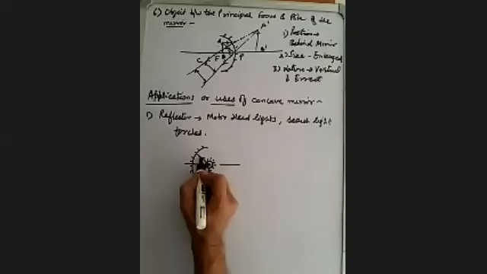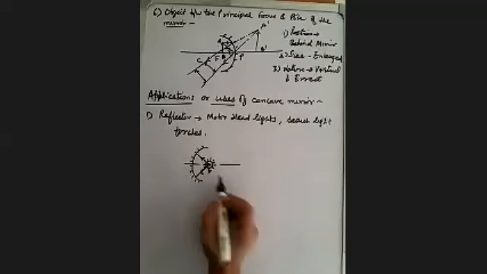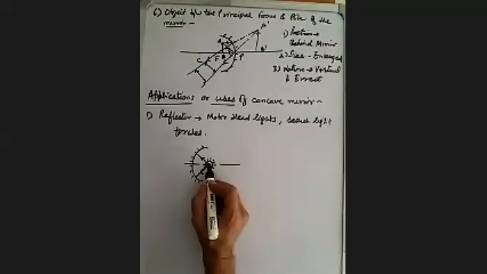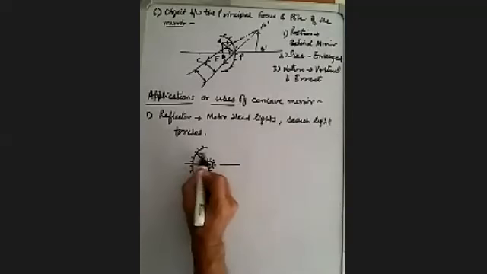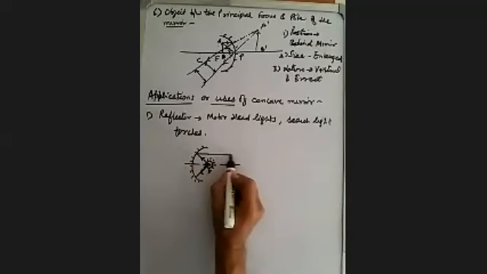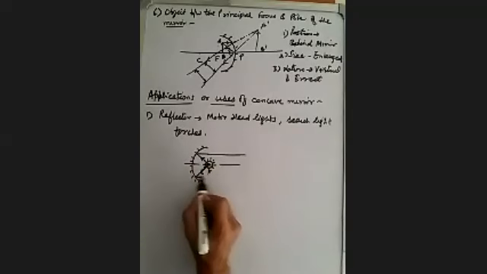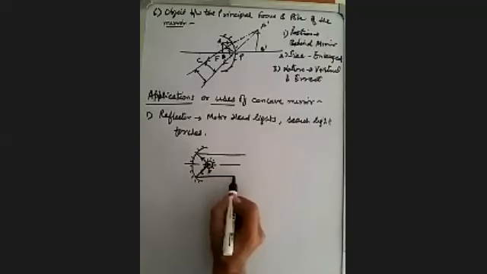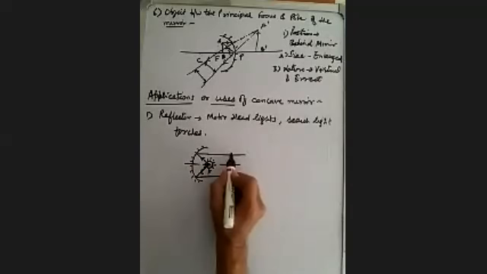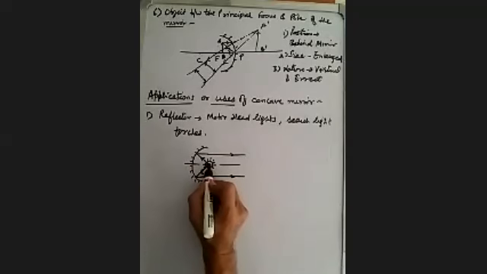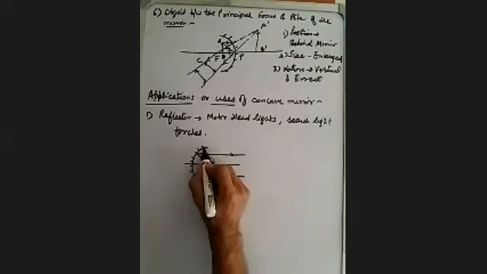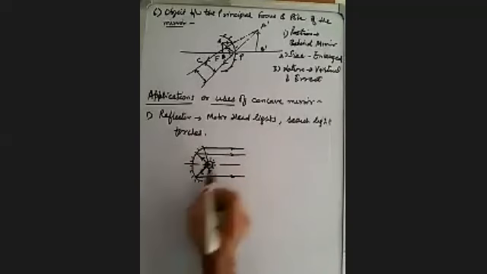This is the incident ray. And we know when the incident ray is passing from the principal focus, it is reflected along the direction parallel to the principal axis. So this is the reflected ray. So you will get reflected rays which are parallel to the principal axis.